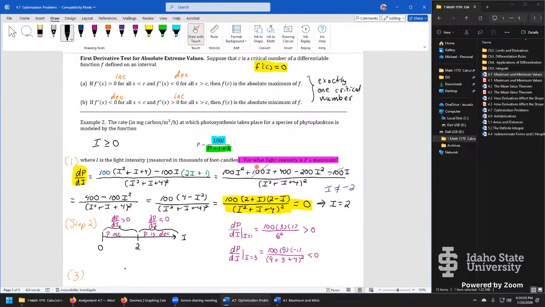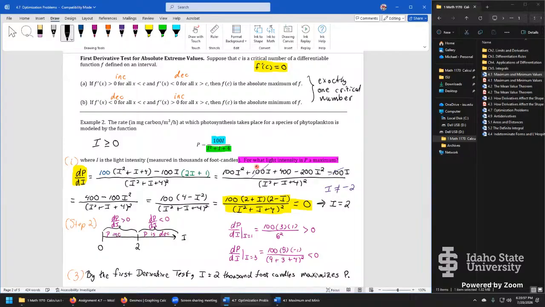So we can end this one a little bit faster and just say by the first derivative test, I equals 2,000 foot candles maximizes P, the rate of photosynthesis.